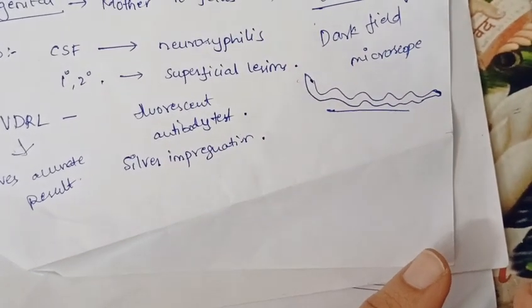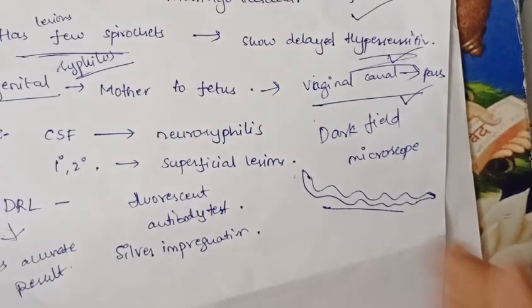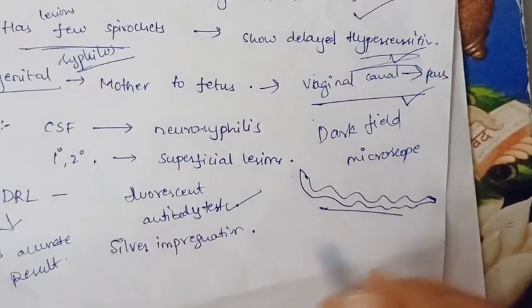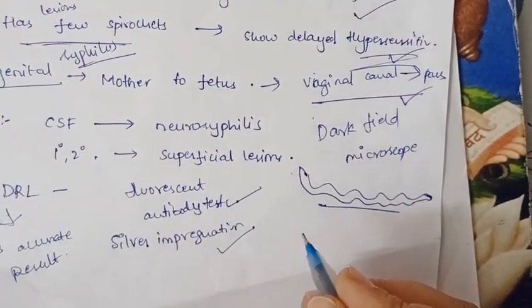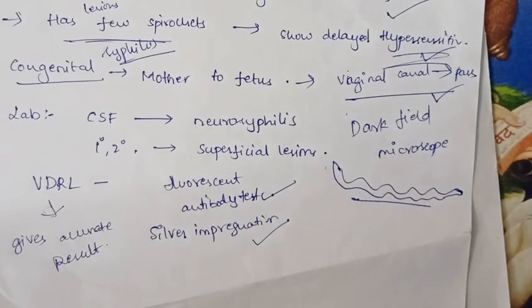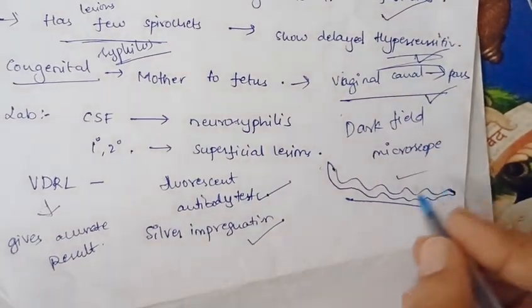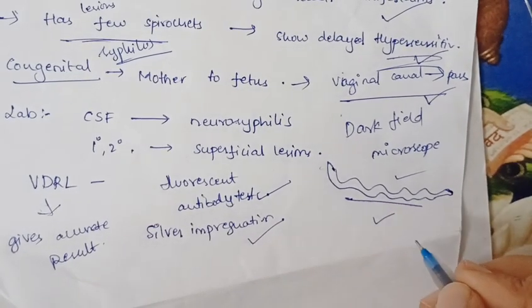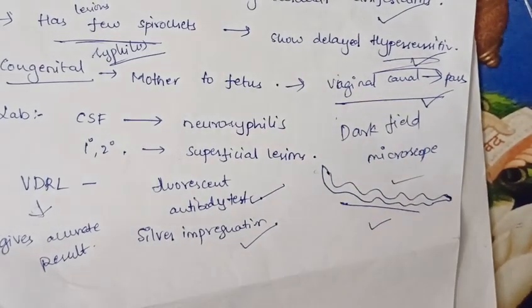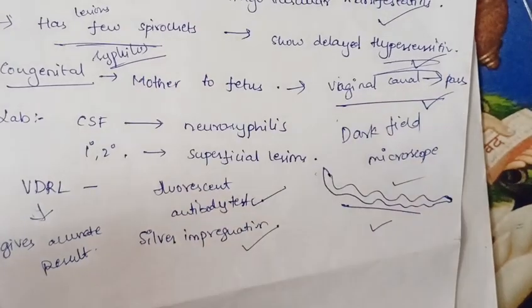There are various other tests like the fluorescent antibody test and the silver impregnation test, as I have told you, and it can be observed by staining such as India ink, Giemsa staining, etc. All these can be observed in a dark field microscope.